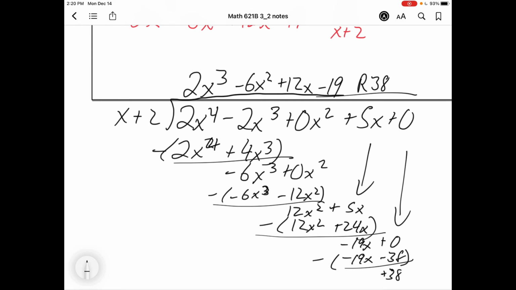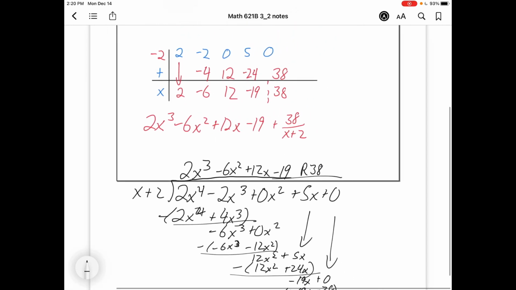In the end, after all that gory work, we end up with the same result. They're both just as good. Honestly, you can get pretty quick at doing long division too, but synthetic division can save you some pain.